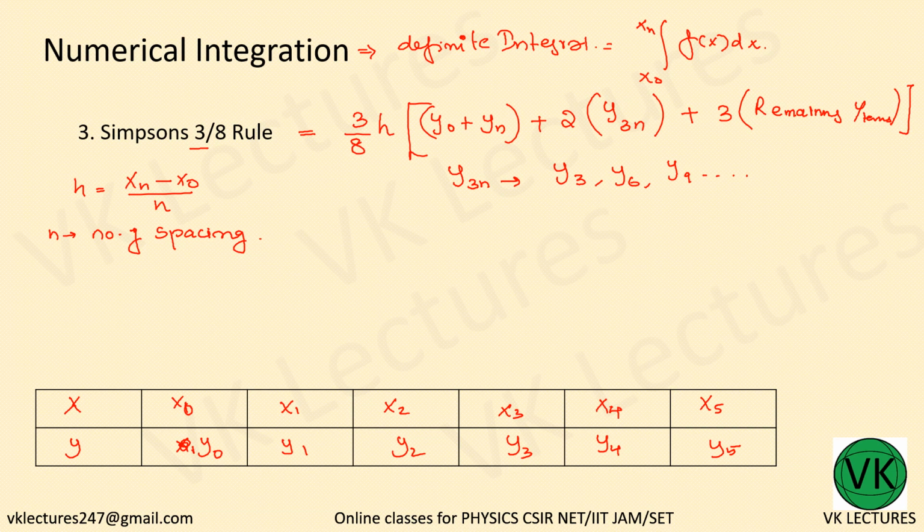Then according to the formula, we have 3 by 8 into h, which is x5 minus x0 divided by the number of spacing.